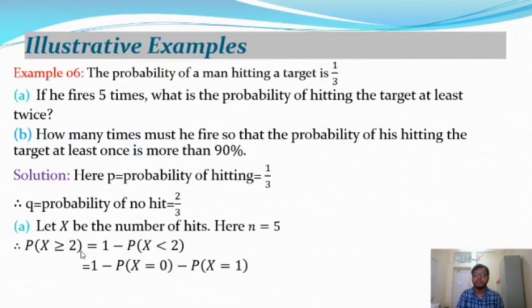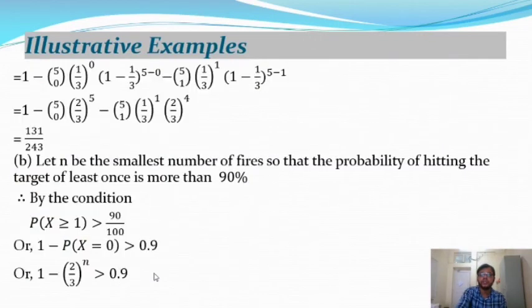From the properties of probability theory, the probability of x greater than or equal to 2 is equal to 1 minus the probability of x less than 2. And from this we get 1 minus the probability of x equal to 0 minus the probability of x equal to 1. At x equal to 0, the binomial distribution gives 5c0, 1/3 to the power 0 into 1 minus 1/3 to the power 5 minus 0, as well as at x equal to 1, it will be 5c1, 1/3 to the power 1 into 1 minus 1/3 to the power 5 minus 1.